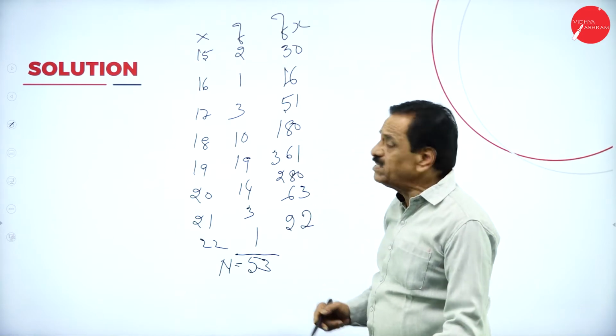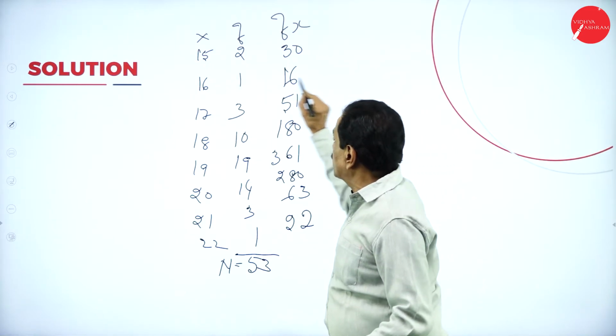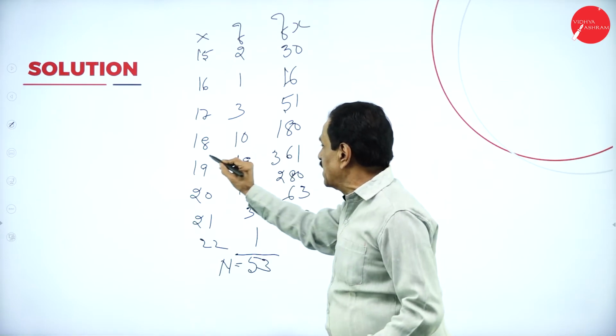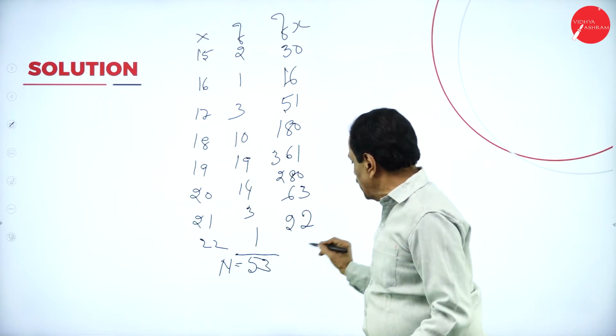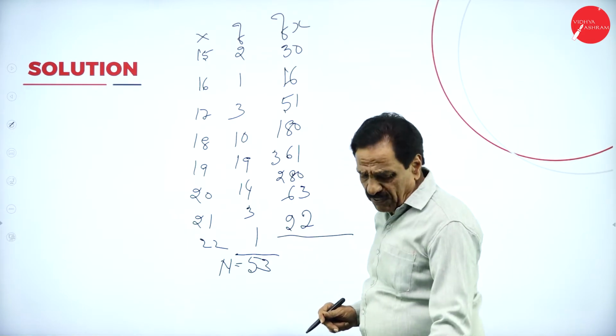So what I did was just multiply each x by its frequency. What is the next step to do? Add the figures one by one.